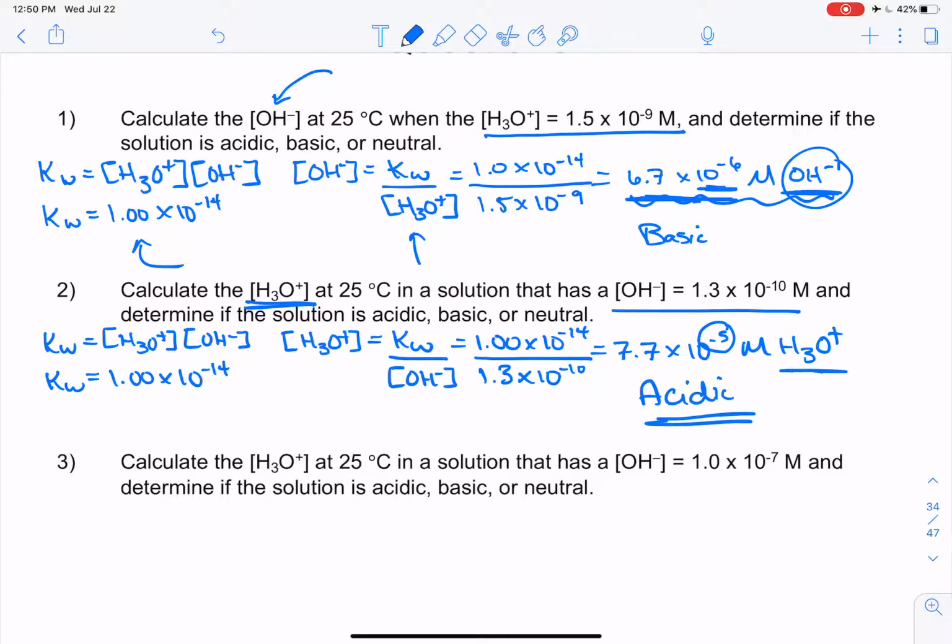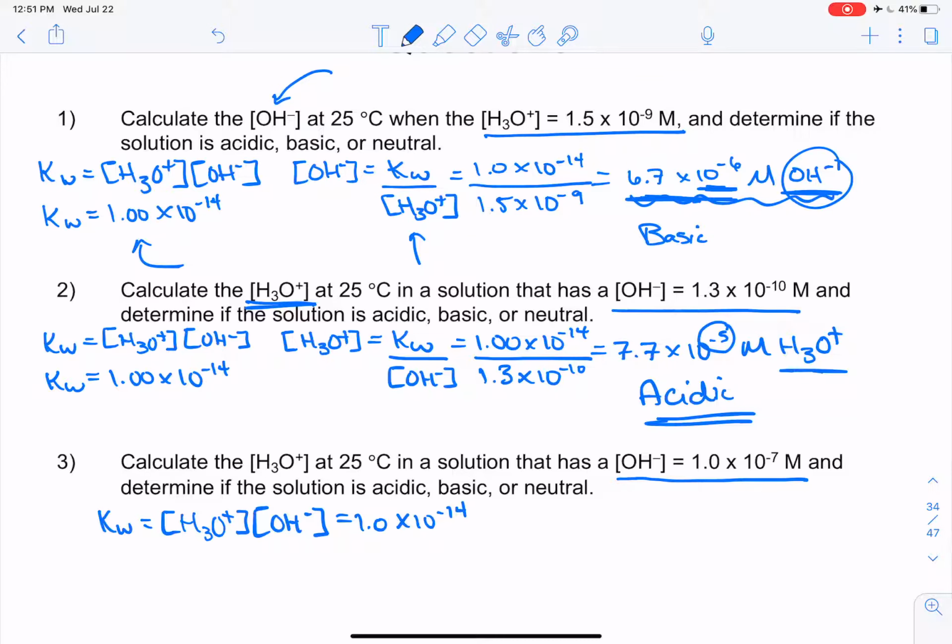Okay, now number 3 says calculate the concentration of hydronium at 25 degrees Celsius in a solution that has a hydroxide concentration of 1.0 times 10 to the negative 7 molar, and determine if this solution is acidic, basic, or neutral. So this one is easier than it looks. We should recognize this right here, in that Kw is equal to the concentration of hydronium times the concentration of hydroxide, and this is equal to 1.0 times 10 to the negative 14.